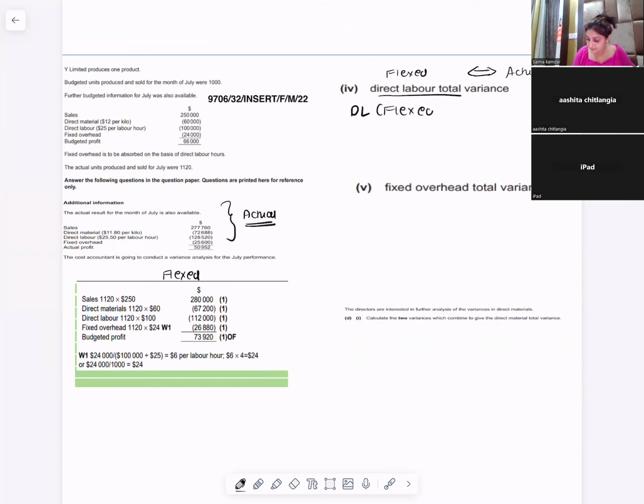So direct labor as per the flex budget is 112,000 and actual is 128,520.